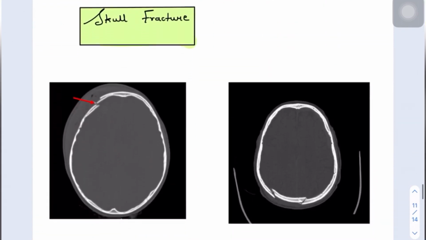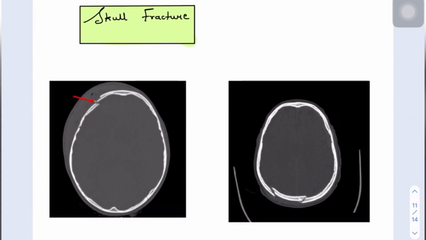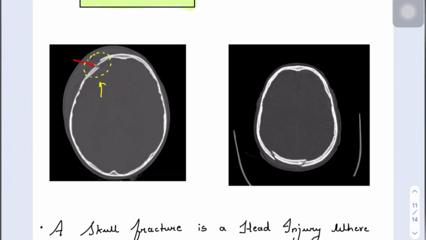Let's talk about skull fracture. As you see in this CT scan, here there is something like a break in the skull bone, right? Also in another image, there is something like a break in this skull. So you can understand very clearly that it is skull fracture.